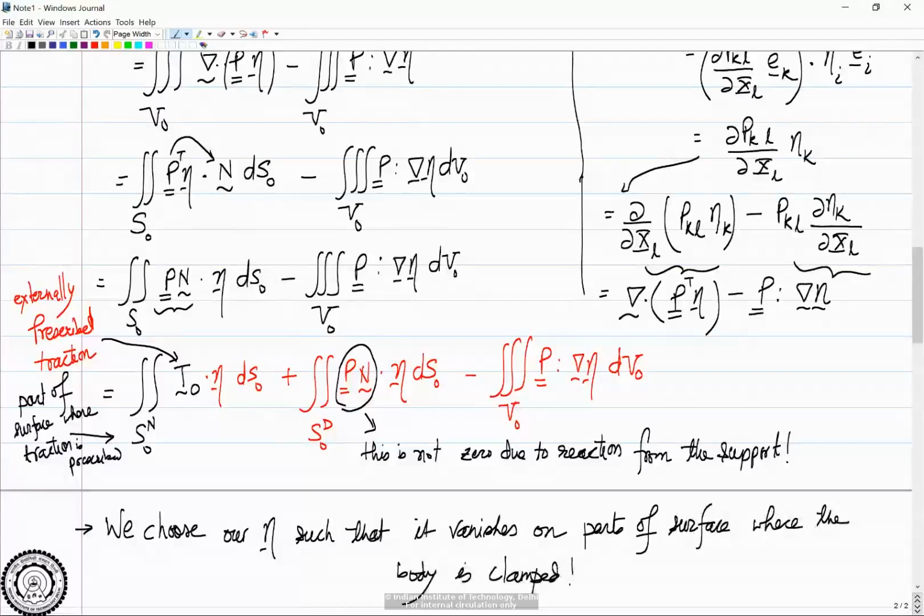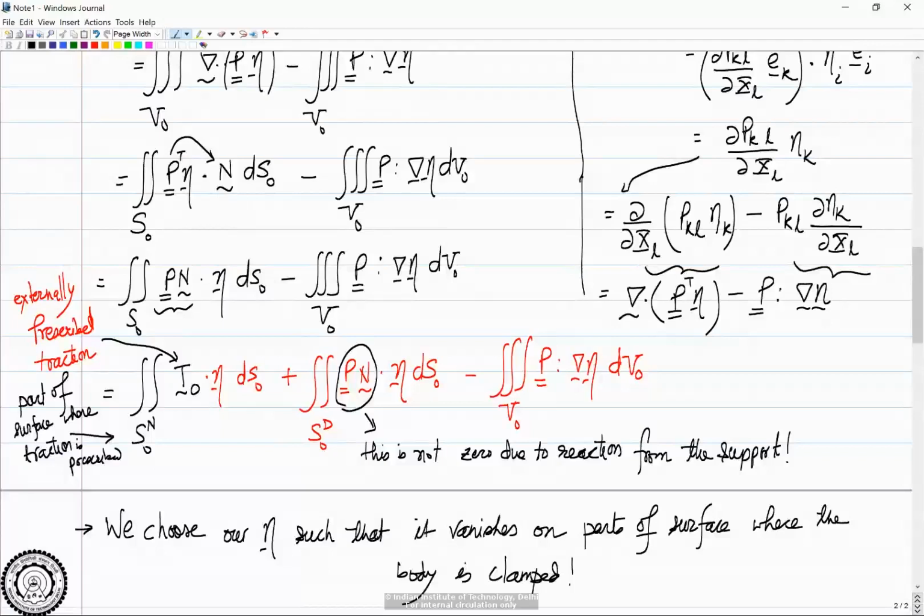What is the meaning of eta? When we say it's a virtual displacement, it's like we are trying to perturb the body. I'll also say why it is virtual, but let us first see it's a displacement. Suppose the body is in equilibrium, and then you are trying to perturb the body from the equilibrium.